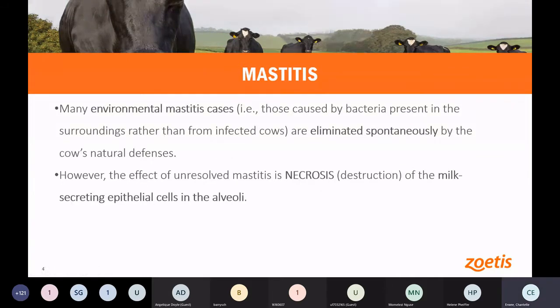All right, so there is self-cure possible, especially with our environmental mastitis cases. However, if this is left too long, the consequence thereof is necrosis, right? So there's destruction of those milk secreting epithelial cells in the alveoli, and that can obviously then have other consequences such as fibrosis and obliteration of those milk secreting cells, meaning that they don't have capacity to produce milk anymore.